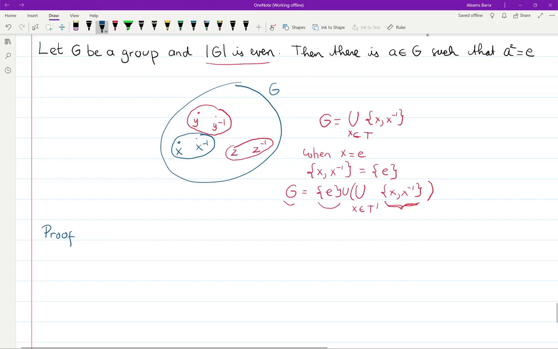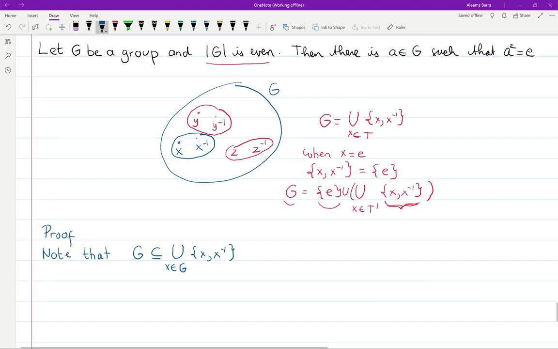So first we can note that G is contained in the union over X in G of the sets X and X inverse.